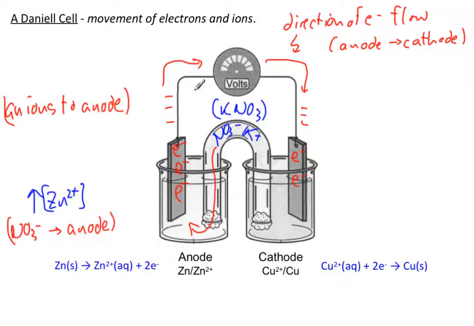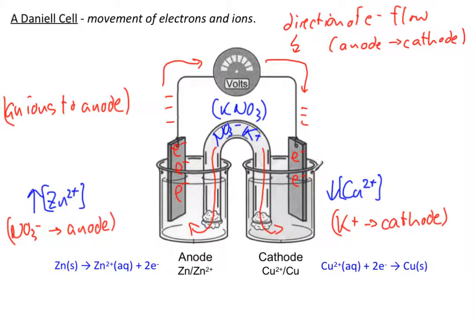Well, what's happening on the other side? In our cathode, we're getting a decrease in copper 2 plus concentration as copper 2 plus ions are reduced. And so in this case, K plus moves into the cathode, again to match that decrease in copper 2 plus charge. Positive charges are being used in the reduction process, so K plus positive ions move into the cathode to maintain electrical neutrality.